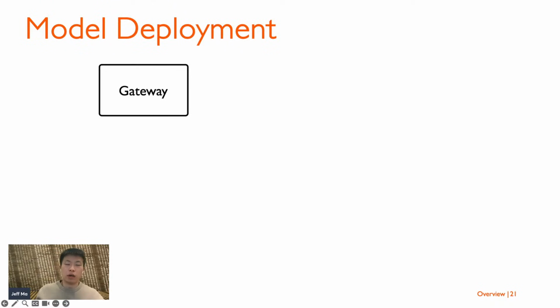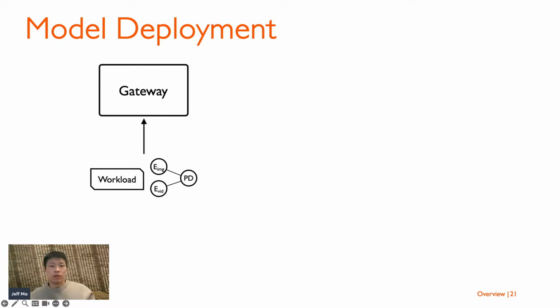To give an overview of our system, I'll first go through how a model is deployed in Cornserve. First, we have a gateway, which is the entry point for control signals, such as model deployment and inference requests. When a new model is deployed, it starts with a model definition together with its intended serving workload, which will be passed into the planner.